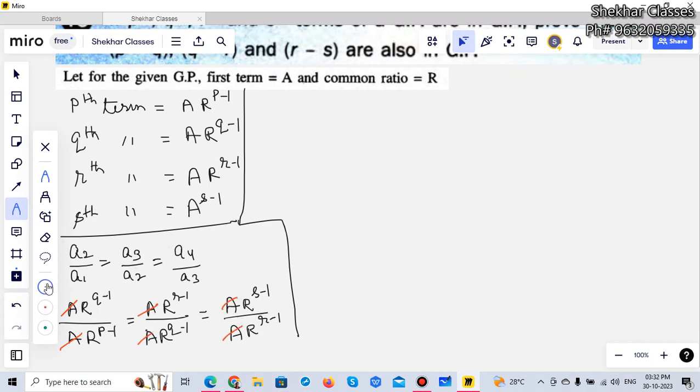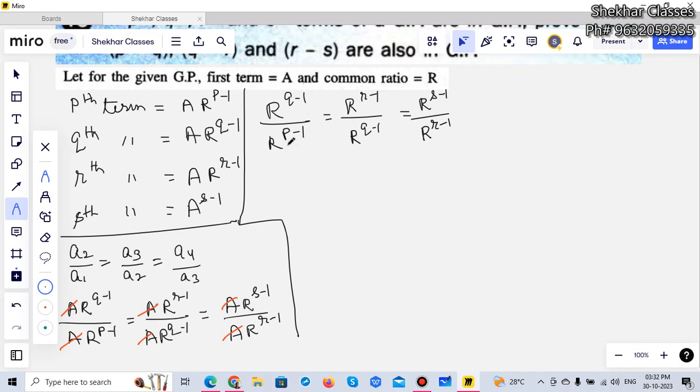So I can write r to the power q minus 1 upon r to the power p minus 1 is equal to r to the power r minus 1 upon r to the power q minus 1 is equal to r to the power s minus 1 upon r to the power r minus 1 here.